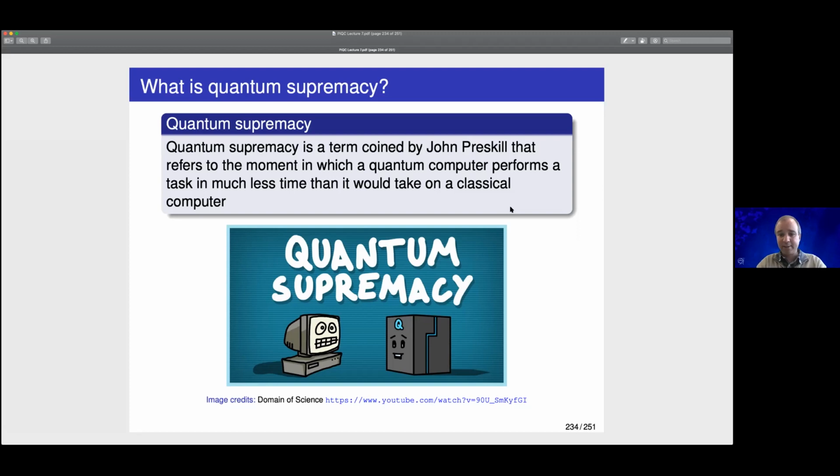Okay, so it's a practical demonstration of a situation in which a quantum computer beats the best classical computer at a certain task.